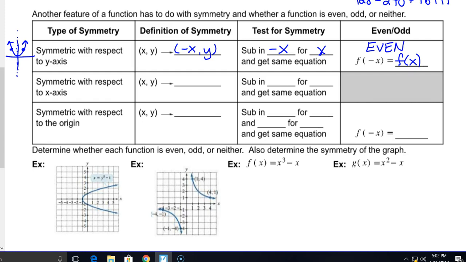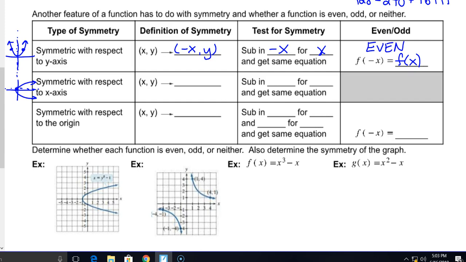Okay? Now, if we are symmetric with respect to the x-axis, I'm just going to turn that parabola on its side, because now we end up having symmetry over this being my mirror. And be careful, this is not a function, it's a relation, because if I try my vertical line test, it would cross it in 2 places, and that's bad.